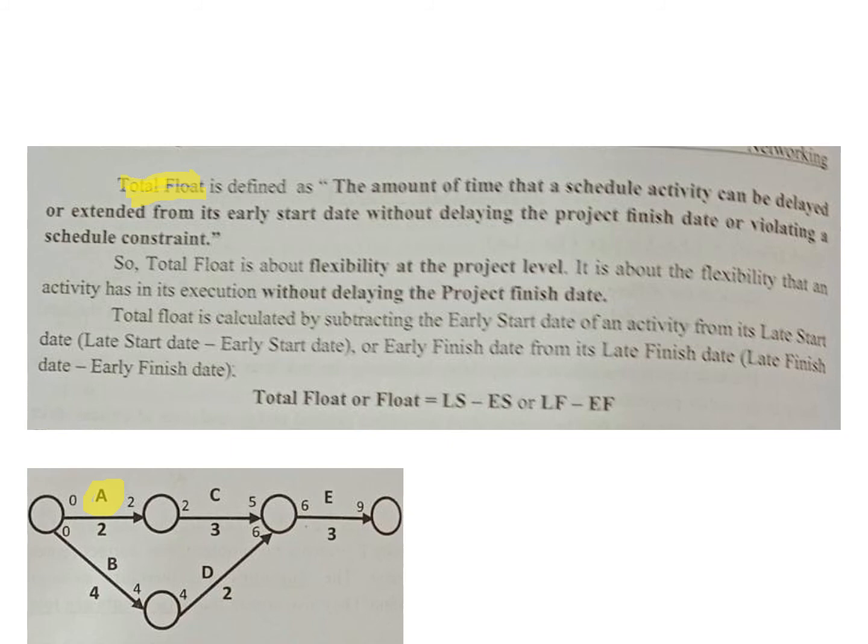We will come to it. Basically, the latest start date minus the earliest start date, or the latest finishing date minus the earliest finishing date, is what the total float is for a given activity.